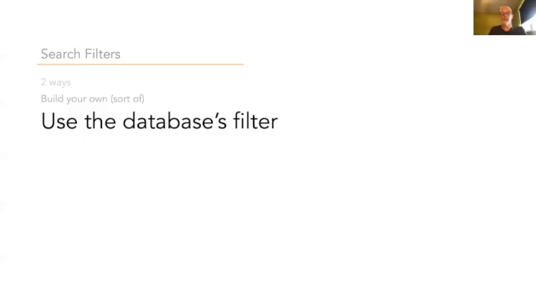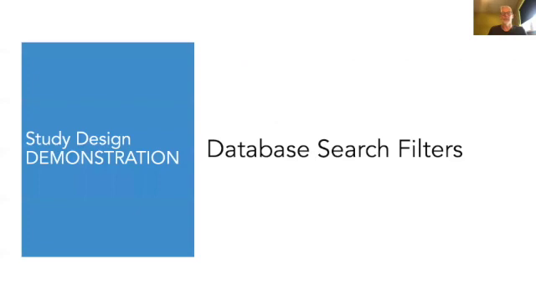You can also use, like I said, the database's filter, and we'll do that in a different video on searching, so check that out in the tutorials. What I'd like to do now is give you a demonstration of where to find those third-party filters.